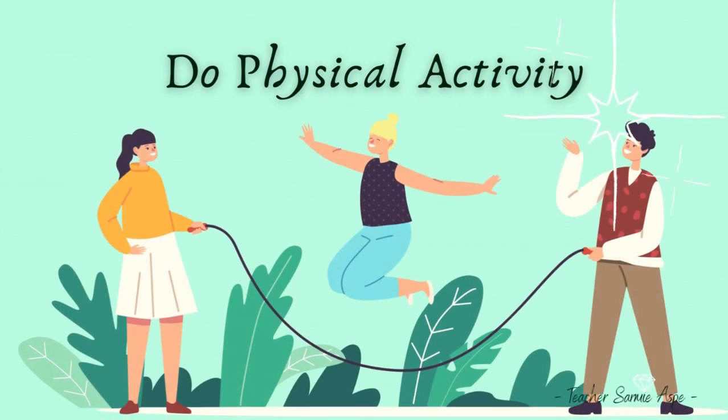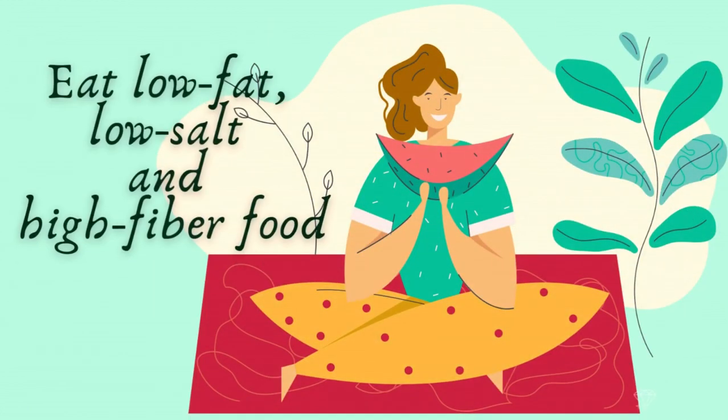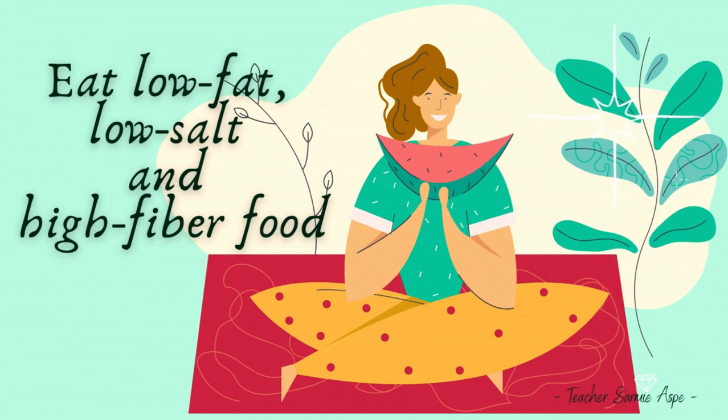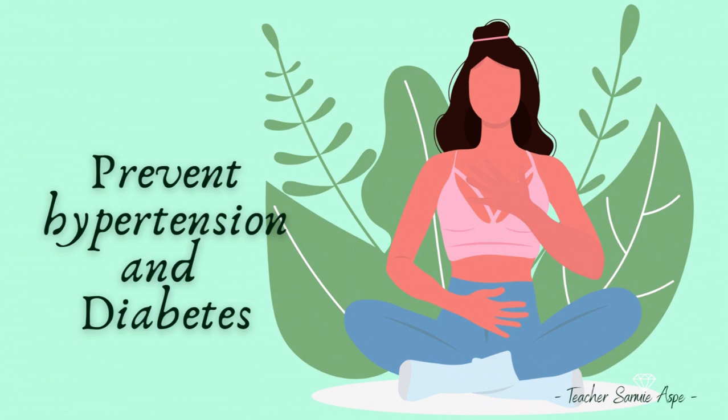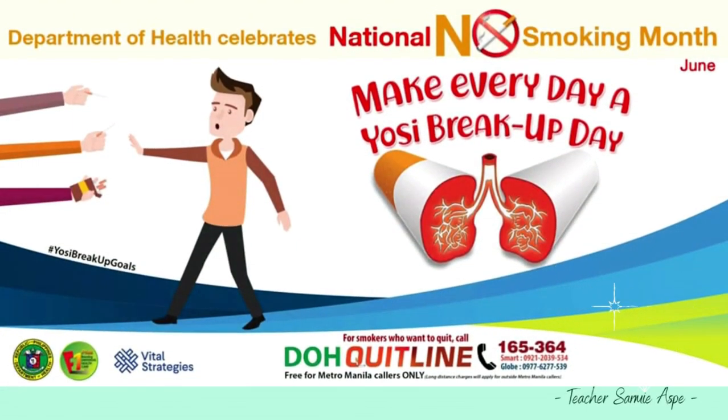Do physical activity. Eat low-fat, low-salt, and high-fiber food. Prevent hypertension and diabetes. Here are the actual posters of the Department of Health for their MAX campaign.